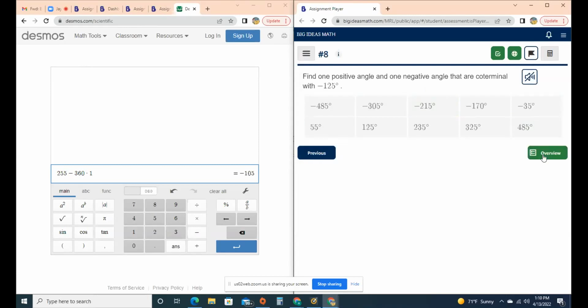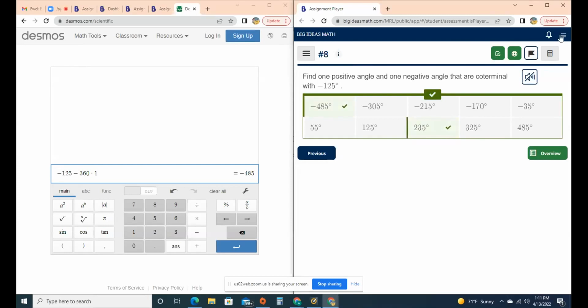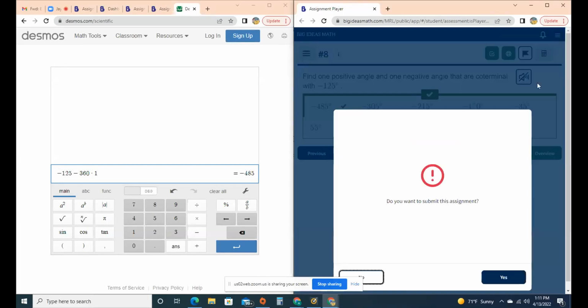So again, enter that minus 125 as your angle. There it is. Perfect. Okay, and then that was not that one.